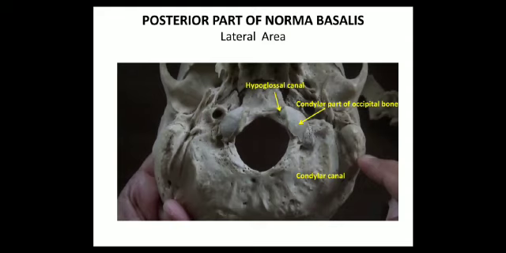And one more canal is situated posterior to the condyle, called the condylar canal. The mastoid process is situated on the more lateral aspect and shows the mastoid notch.